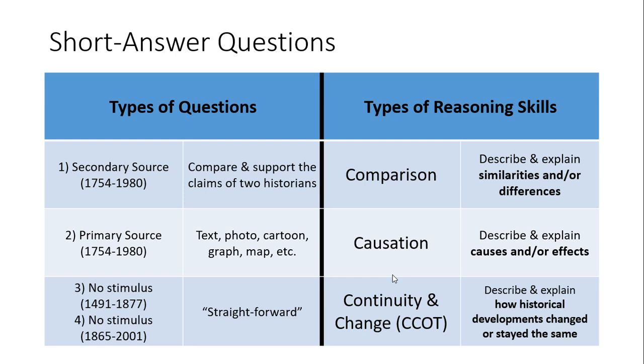Comparison means you're comparing 2 things. Whether they are different historical events or eras or different perspectives on the past, various developments in history, you're going to be looking for how these 2 things are either similar, or how they are different, or how they are both similar and different.